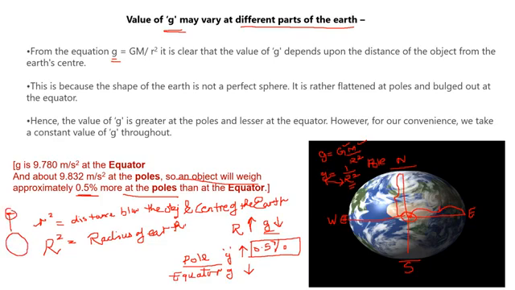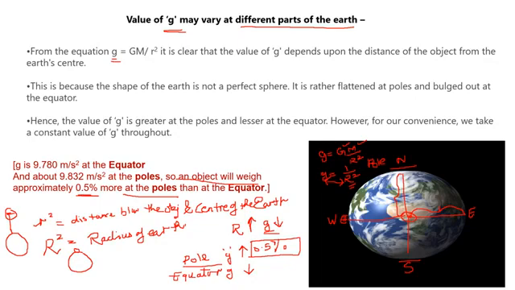It's not always the Eiffel Tower, it can be the top of any tall building, maybe on a cliff, maybe on a mountain top. And when we are talking about capital R, then the object is of course on the surface of the earth, or at a little heighted place, not an extremely heighted place.